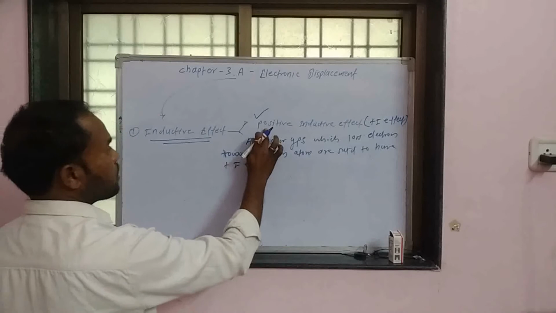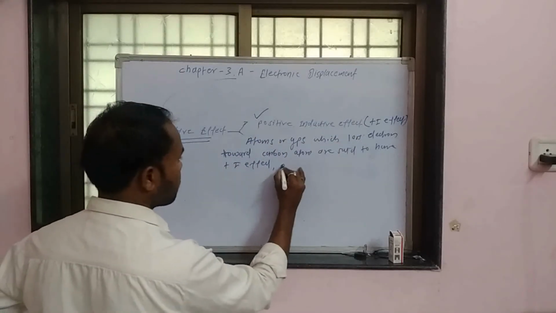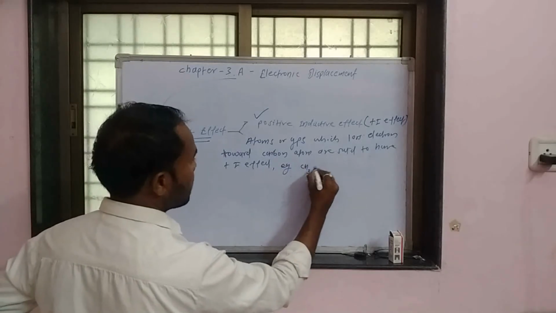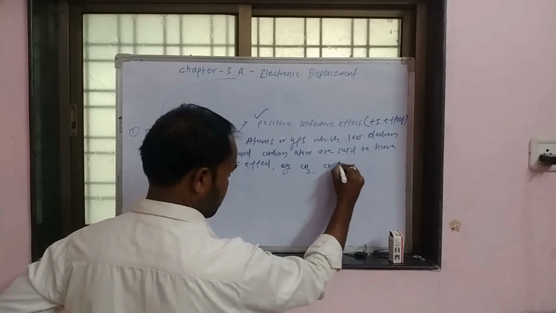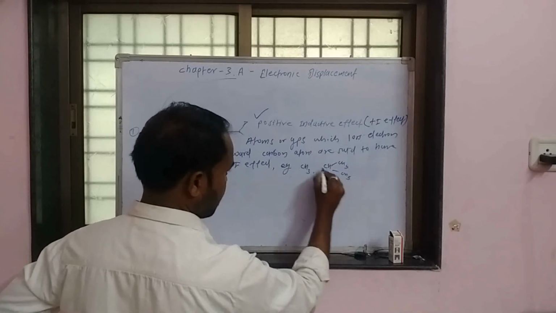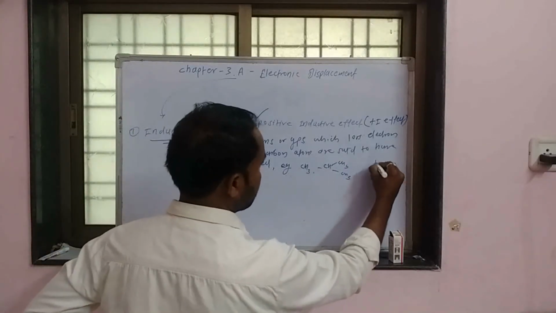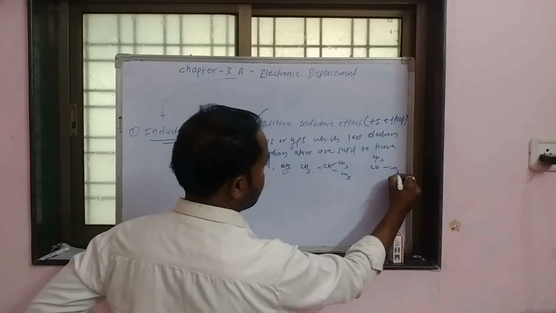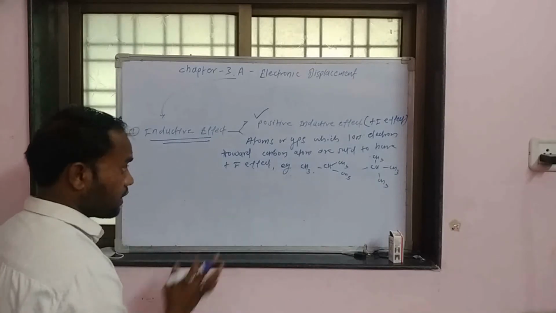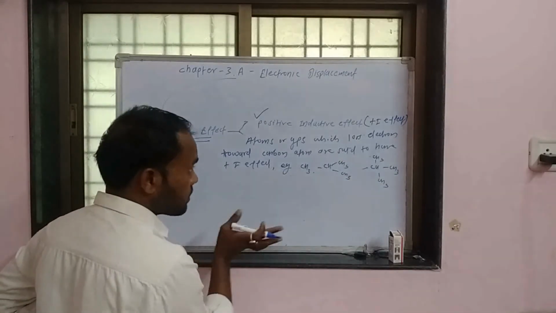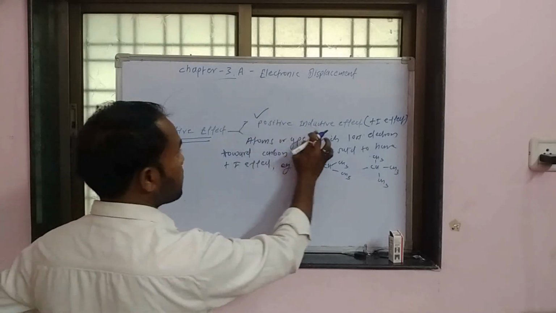This is the positive inductive effect. For example, the CH3 methyl group, secondary groups, and tertiary groups. These are electron donating groups. Electron donating, or electron loss toward the more electronegative atom, is called the positive inductive effect.